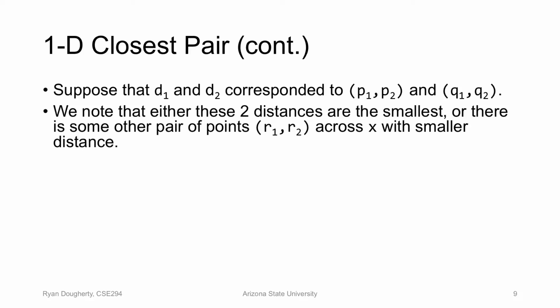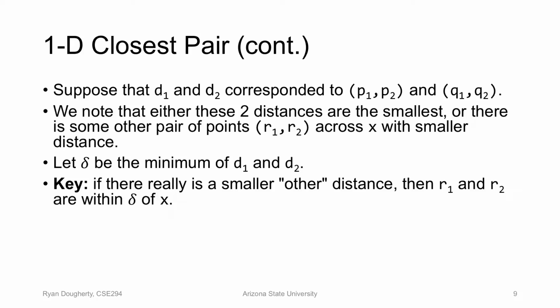So we know that one of these 2 is the smallest, or there's a pair that lives across this element x that I chose that has a smaller distance. Those are the only 2 possibilities. So let's say delta is the minimum of D1 and D2, which means it's the smallest distance, not counting the ones that go across x.